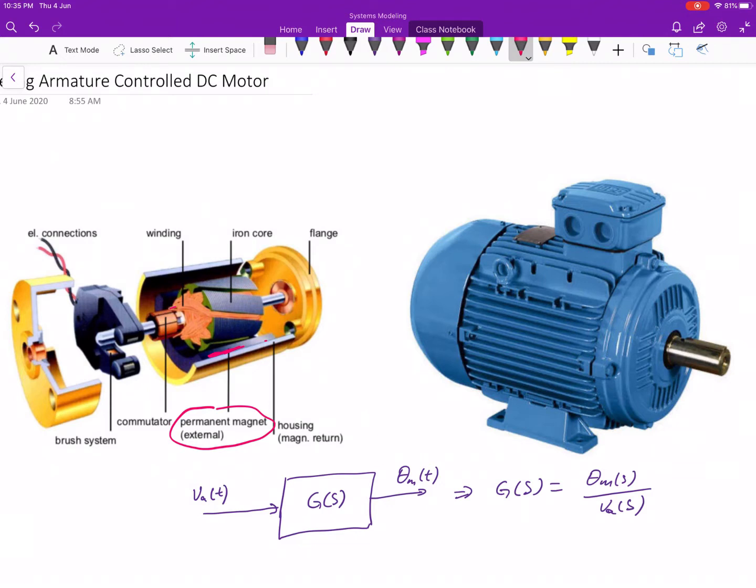Also, inside this motor there is a rotating circuit called the armature, through which the current flows. This rotating circuit passes through this magnetic field at right angles and feels a force. And for this force, you have F = B·L·i_a(t), whereby B is your magnetic field strength and L is the length of the conductor.